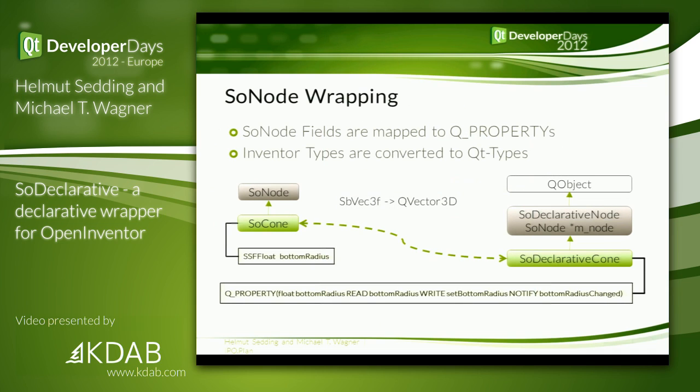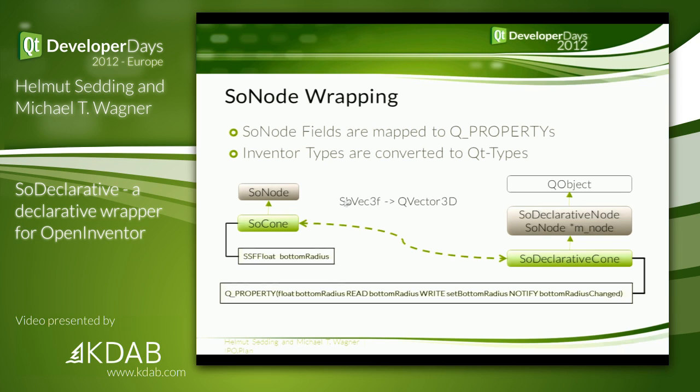So let me just go a little back to the technical side of things. How did we do that? We just derived an SoDeclarativeNode object from a QObject, right? Which wraps an Inventor scene graph node, and which also defines for each field of this Inventor node a Q property in the declarative wrapper node, right?